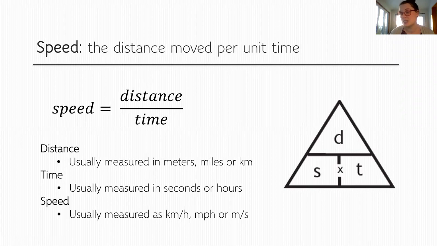Speed is just the total distance of a trip divided by how long it took. The total distance moved. It doesn't matter if you went left and then right and came back to where you started, so your overall distance from your starting point was 0. It's the total distance you moved divided by the time.